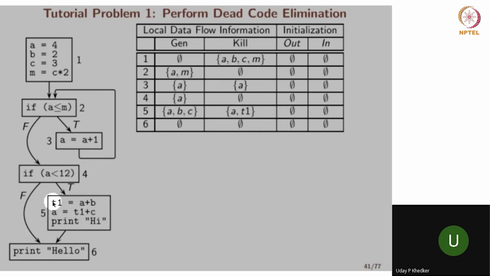Similarly, C is being read before being defined. T1 is being read, but the temporary T1 is defined here. So therefore, our gen is A comma B comma C, and kill is A and T1. And in basic block 6, both these are empty sets. Our initialization is the empty set at every program point. Boundary information for this program, out of 6, is also the empty set, because we're talking about local variables.